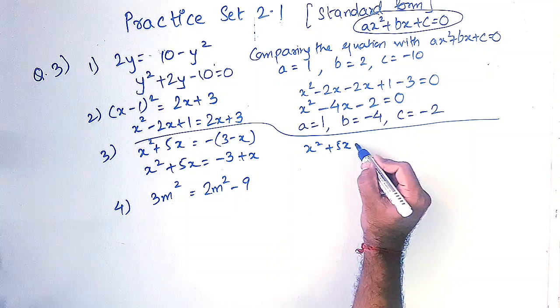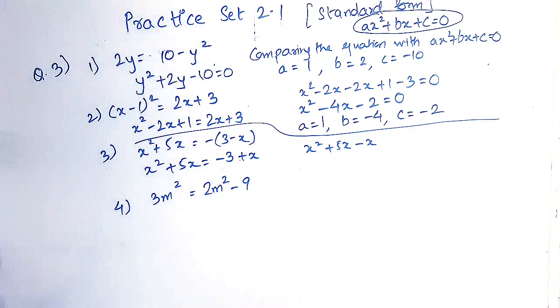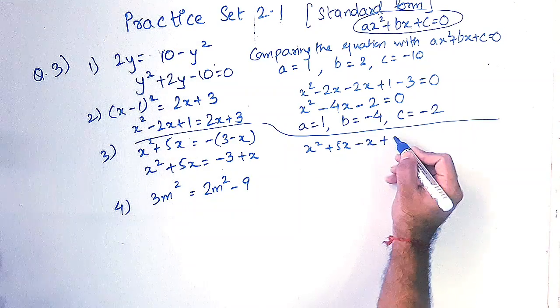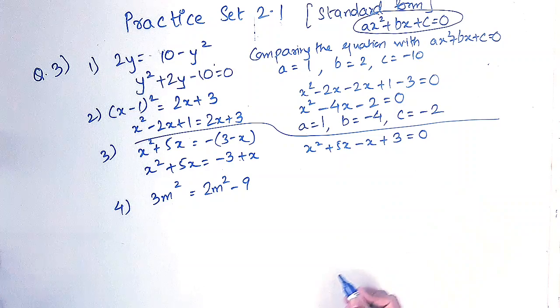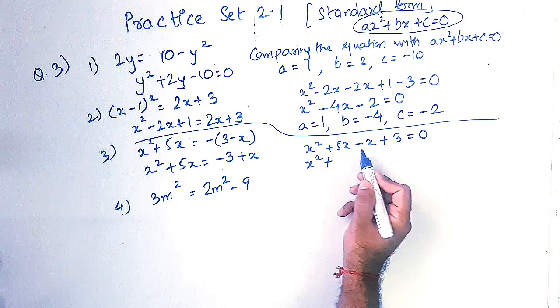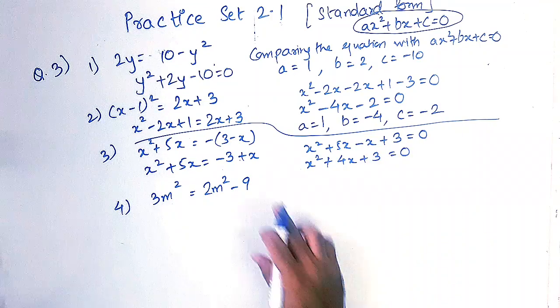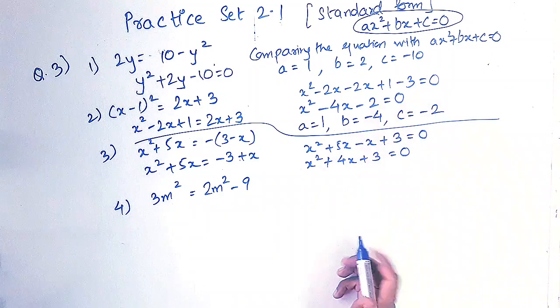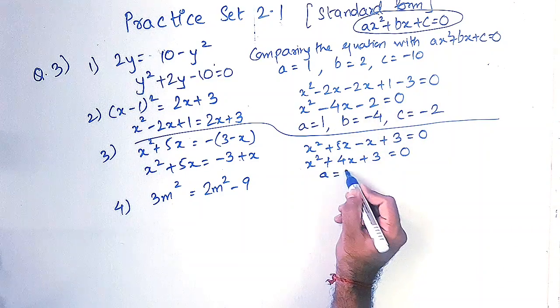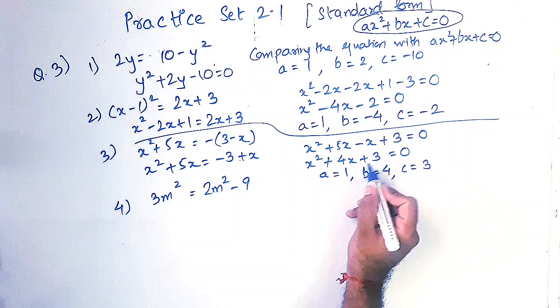So plus x will become minus x and minus 3 will become plus 3 equals to 0. So this further will become x square plus 5 minus 1 is plus 4x plus 3 equals to 0. So we'll write, comparing the equation with ax square plus bx plus c equals to 0. a equals to 1, b equals to 4 and c equals to 3.